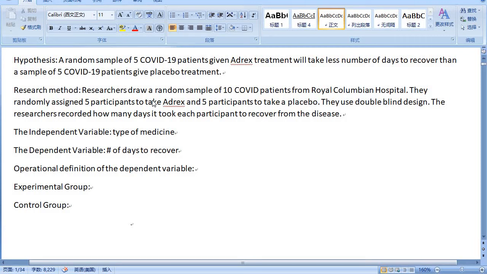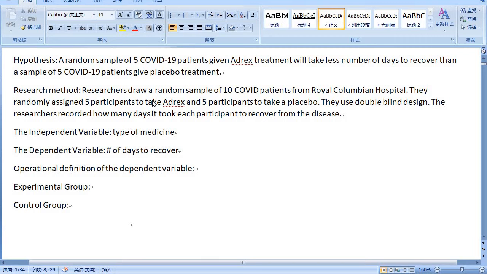This is the first part. So first step, you get your sample. The sample consists of 10 patients. And the population that this sample represents is the Royal Climbing Hospital patients, all patients who are receiving treatment at this particular hospital for COVID-19 disease.